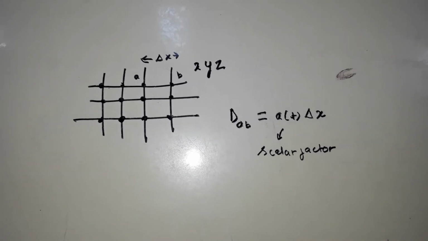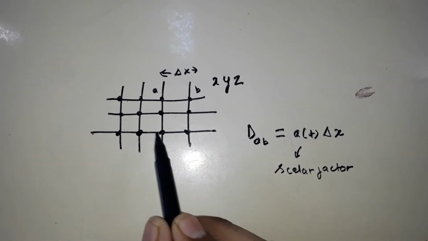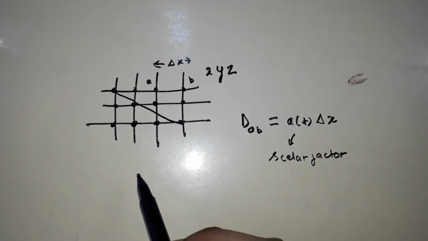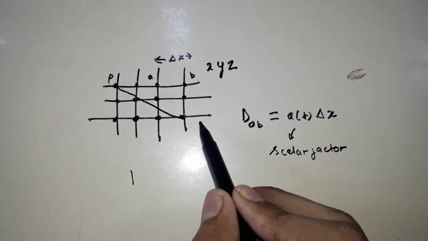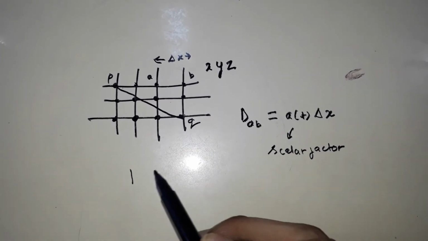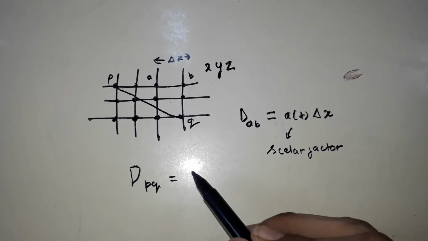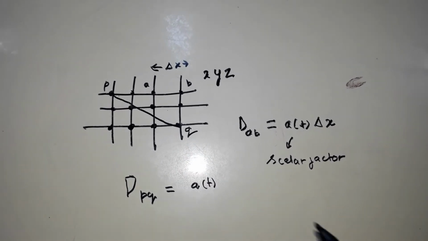So if we generalize, like this is our galaxy 1 and this is our galaxy 2, and we have to know the distance between them. So what will be the distance? We take this as P, and we take this as Q. So the distance d_PQ is equal to the scalar factor, which is time dependent, times the coordinate distance.